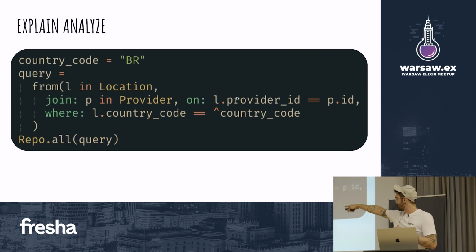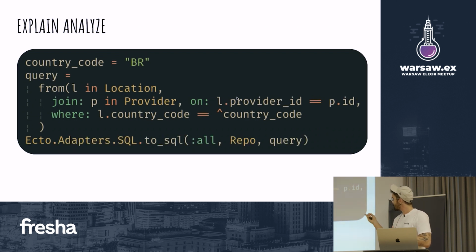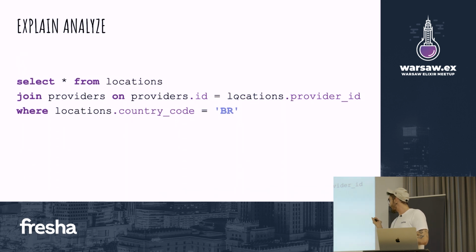If we run this code here, we're not going to execute the query, but Ecto has this very cool utility function that returns the underlying SQL for the database it's using, in this case Postgres, and you can get the SQL statement to run your explain analyze on top of. The output of that code would be something like that. To be fair, it wouldn't be that pretty, it would be a little bit messy, but I trust everybody here is smart enough to figure out how to format the SQL statement.